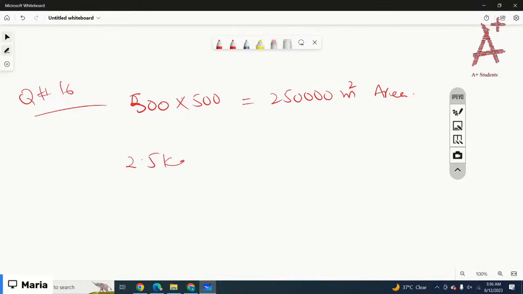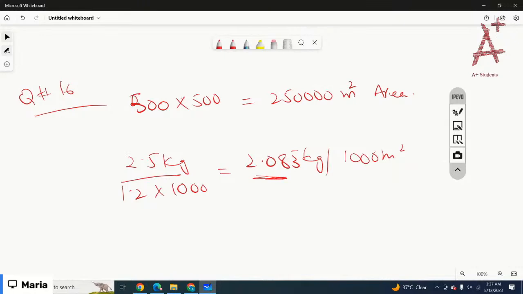So it will be 2.5 kg divided by 1.2 times 1000, right? So it would be 2.083 kilograms per 1000 square meters. Just multiply it by 250. So just do 250 times 2.083, that equals 520.83 kilograms, right?